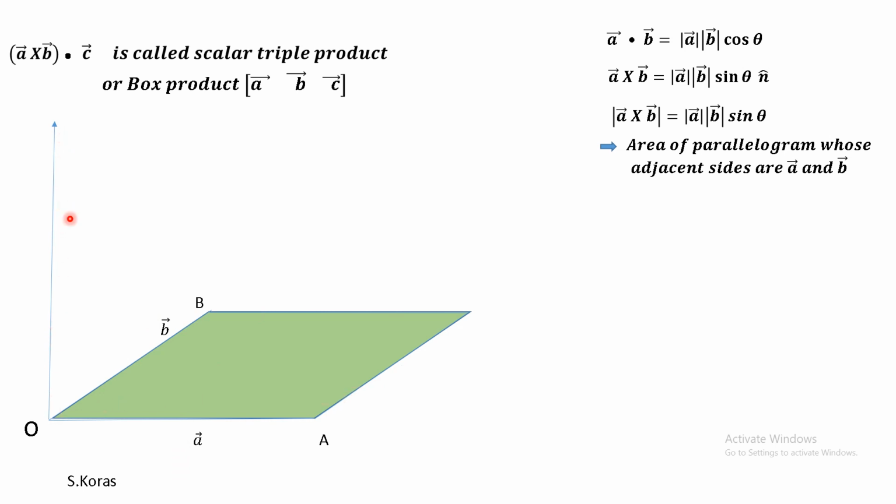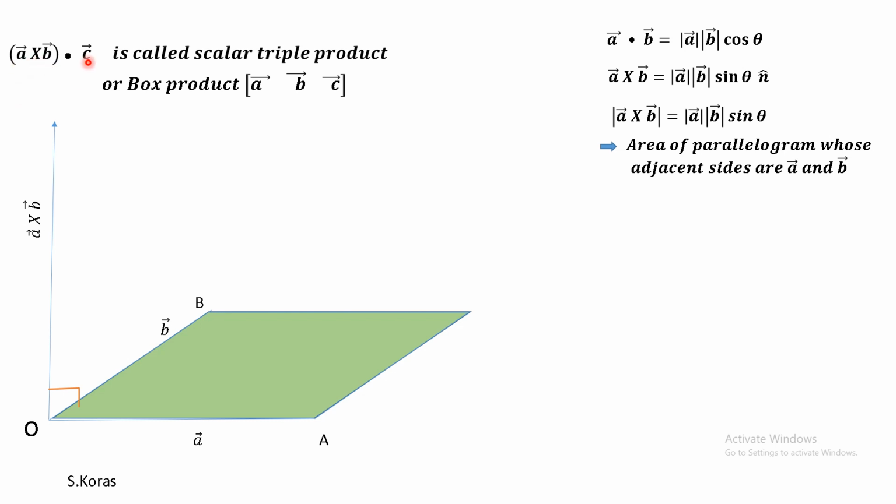According to the definition, this a vector cross b vector will be a normal vector to both a vector and b vector. So this is our a vector cross b vector. It is perpendicular to both a vector and b vector, so simply we can say this is perpendicular to the parallelogram itself. Now we have completed the work of a vector cross b vector.